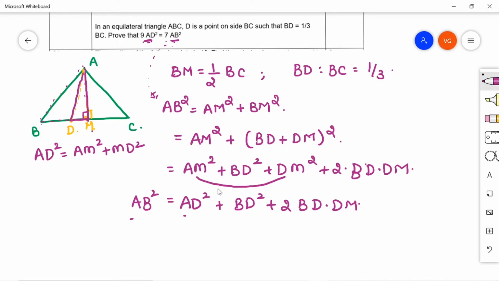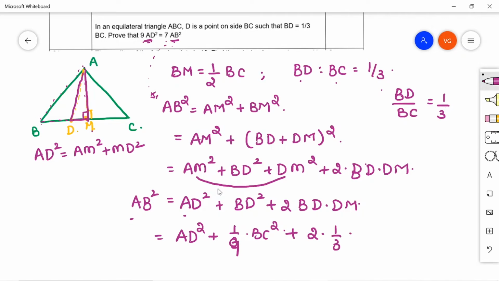Now see, BD to BC is equal to 1 by 3. So I can write this as AD square plus, BD is 1 by 3 times BC, whole square. So that is BC square divided by 9, plus 2 into BD, which is 1 by 3 into BC, then DM.